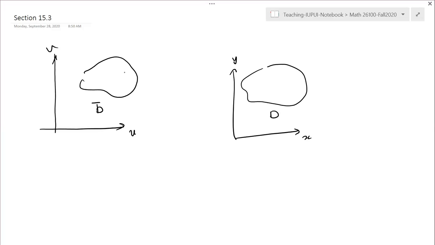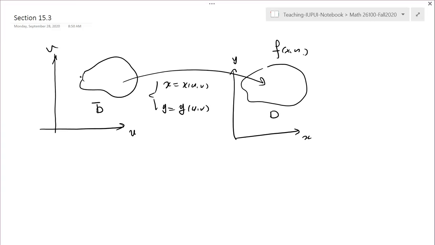Now suppose we have a map sending it from here to here. That map is given by the following formula: X is a function of U and V, Y is a function of U and V. If you can figure this out, then the integral, here's a function defined out here.